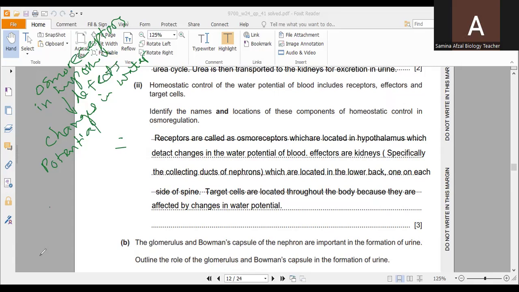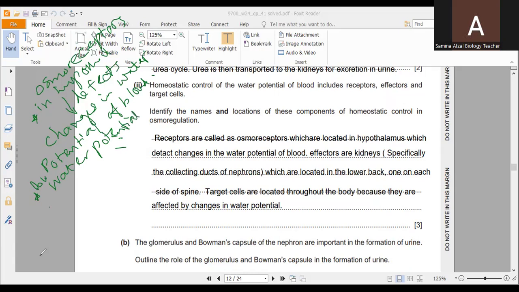And then what will happen? The water potential of the blood changes, and we can write in the form of points. Secondly, if the water potential is low, there will be a difference. Water potential can be low or water potential can be high. If it is low, what can happen at that time?